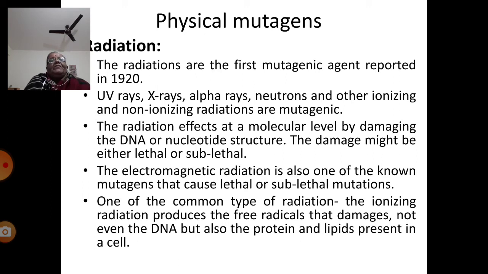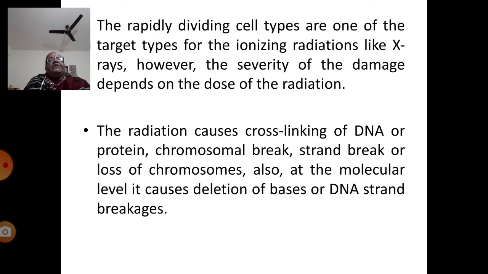And one of the common types of radiation, the ionizing radiation, produces free radicals that damage not only the DNA but also the proteins and lipids present in a cell, bringing about mutation. Alright? Then, the rapidly dividing cell types are one of the target types. Target tissue cells for ionizing radiations like X-rays to cause mutation.